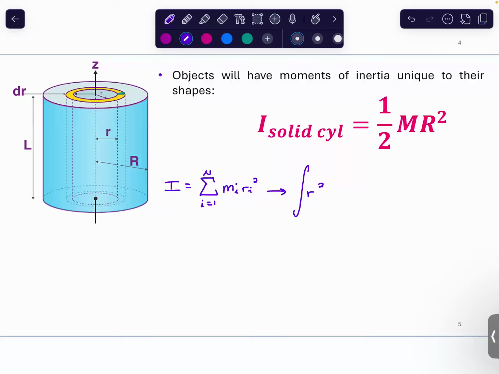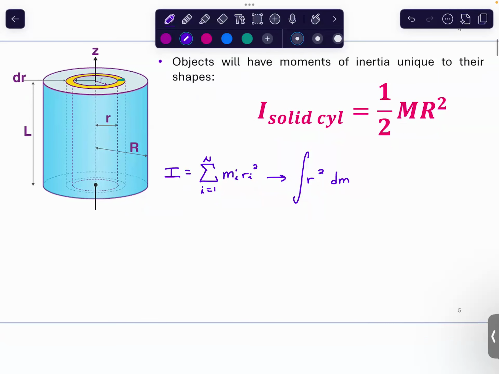There's our r squared, and then we put dm in there, because each one of these infinitely small little cylinders makes up the entire cylinder. As the radius gets larger and larger, the mass of each cylinder we add is going to grow by an infinitesimal amount. So that's your dm, your differential of mass.